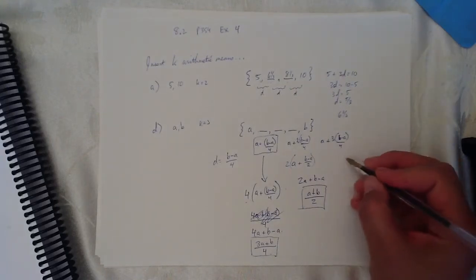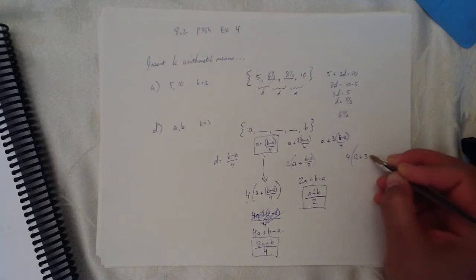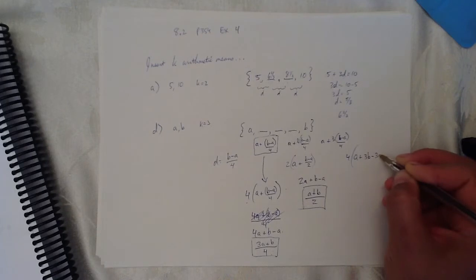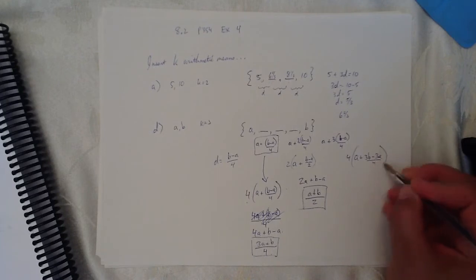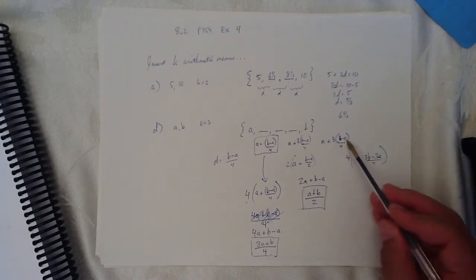And this one here, if we multiply the whole thing by 4, I've put the 3 into the b and the a here just by using the distributive property.